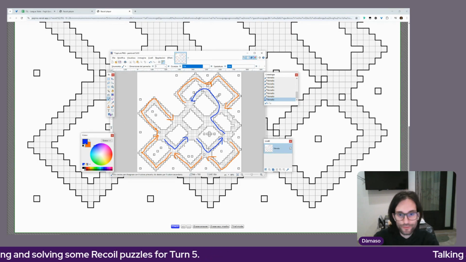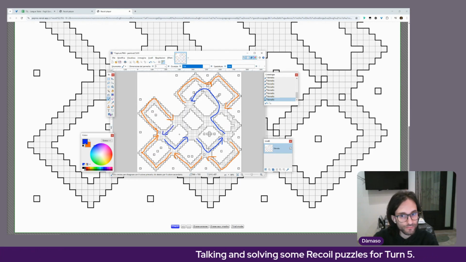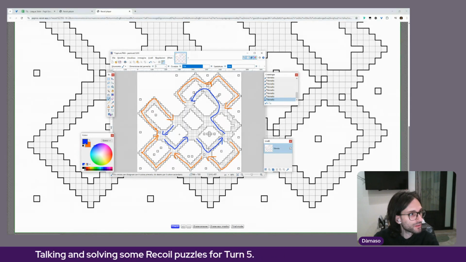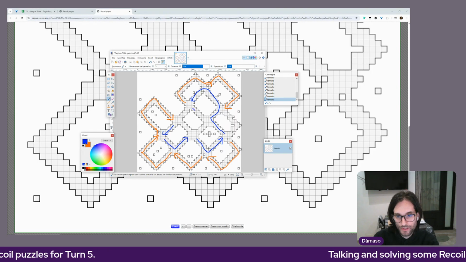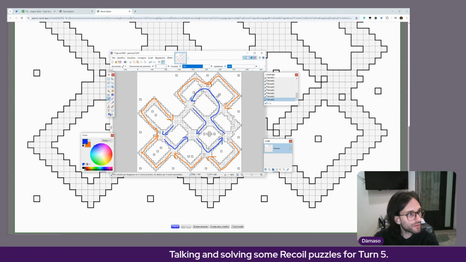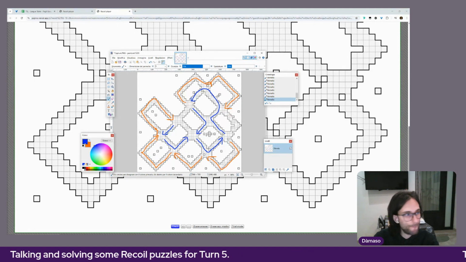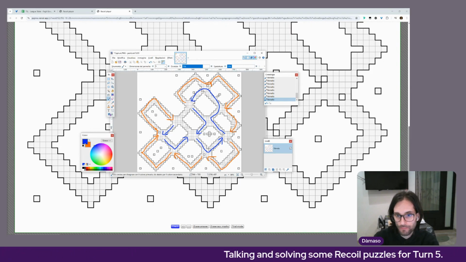Then you have this one that is always the same, that is the end. And we also have this one that is the same. And of course, this one that is the same.